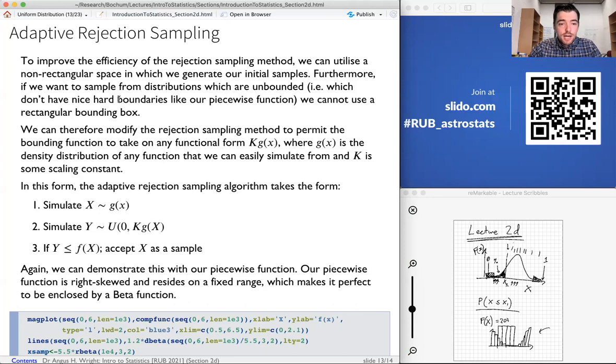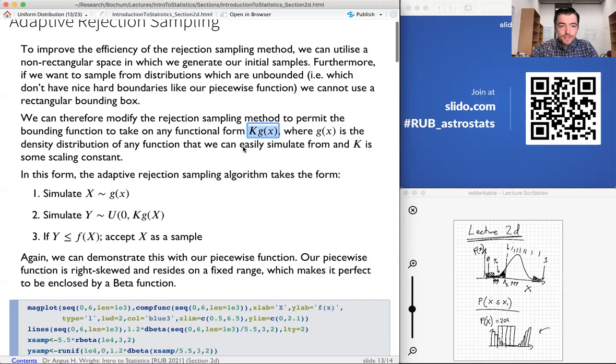And we call that distribution g of x. And that functional form can be, like I said, anything that we can sample from. And we pick that function such that the true target distribution is less than or equal to k times g of x, where k is just some arbitrary constant, for all values of x. Let's see what I mean in a second.